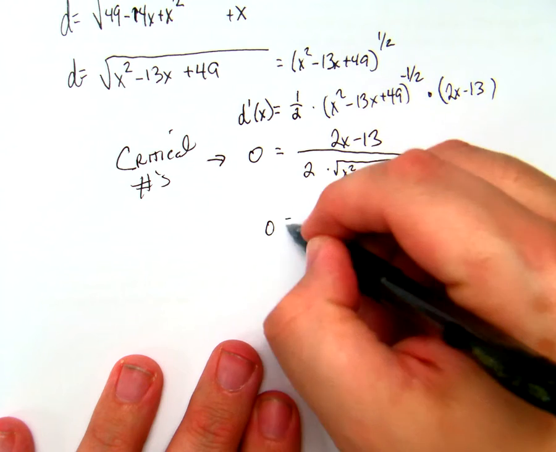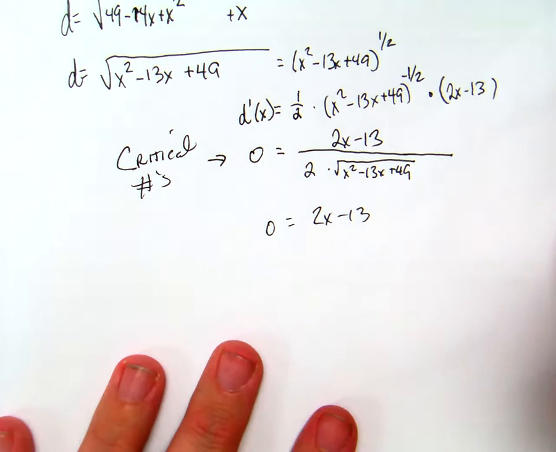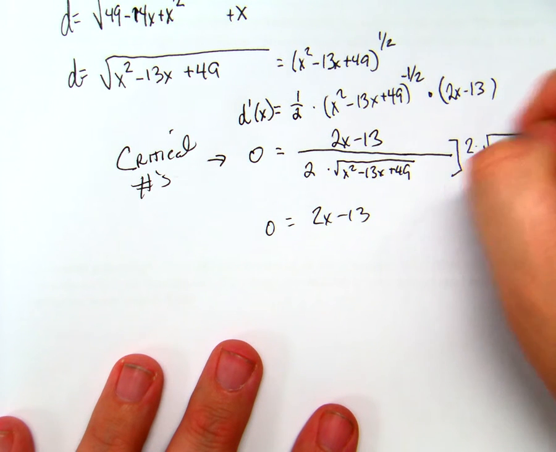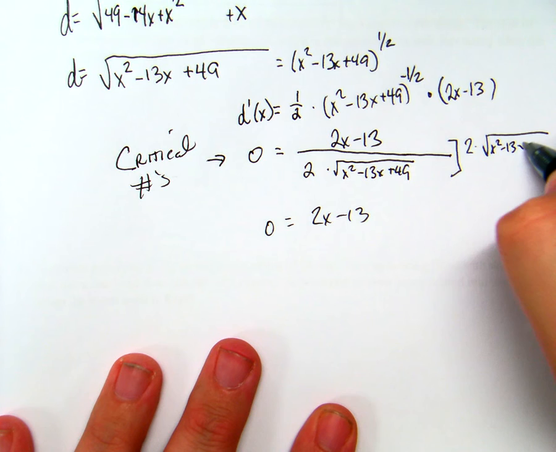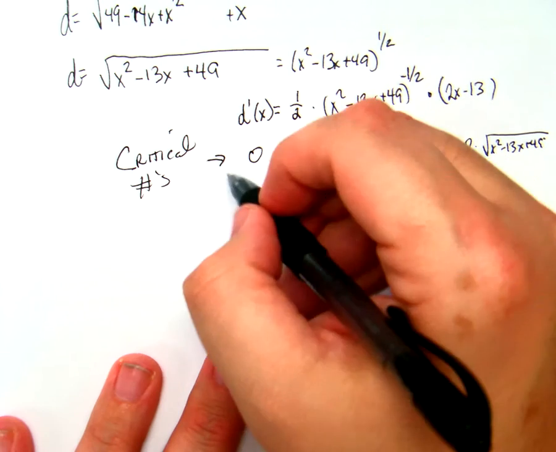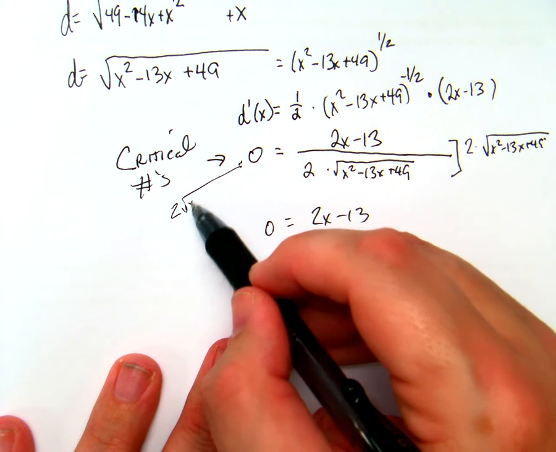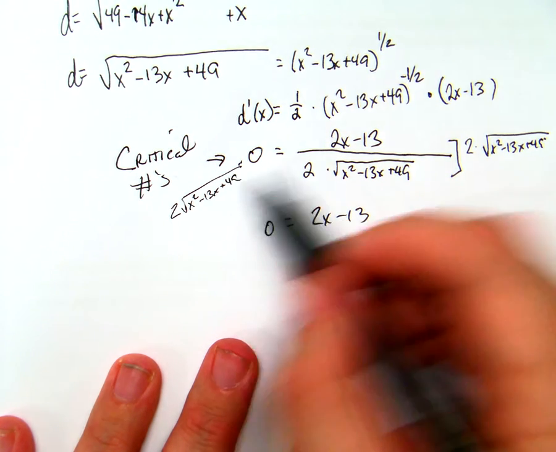2x minus 13. And for those of you who want to see the algebra there, if I go 2 times the square root of x squared minus 13x plus 49, and then over here, same thing, zero times that is going to be 0, isn't it?